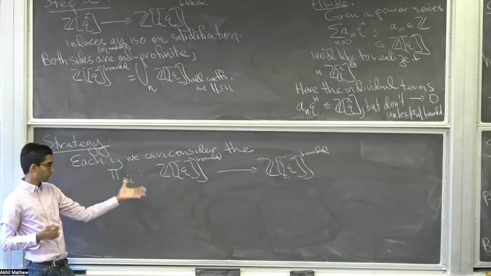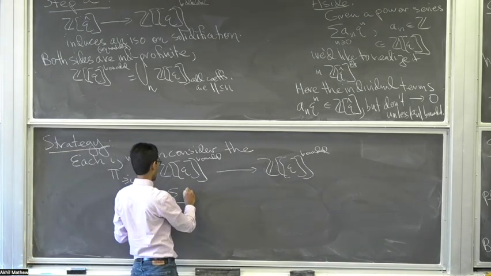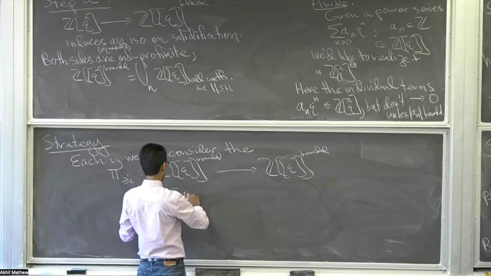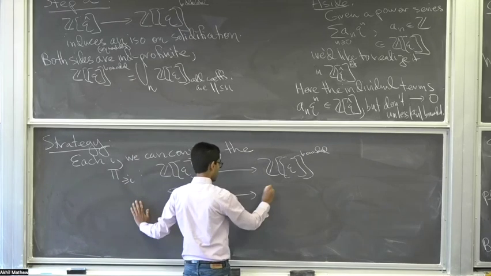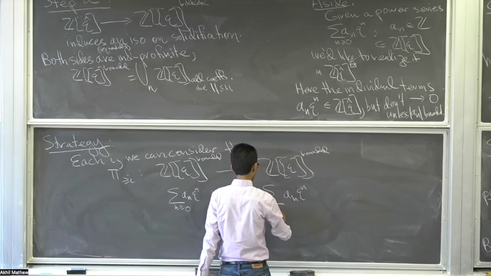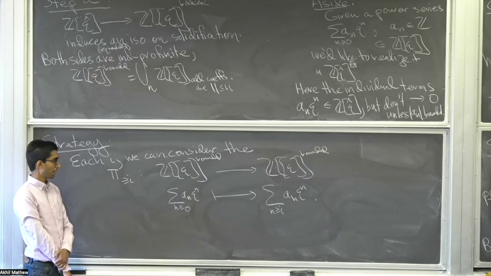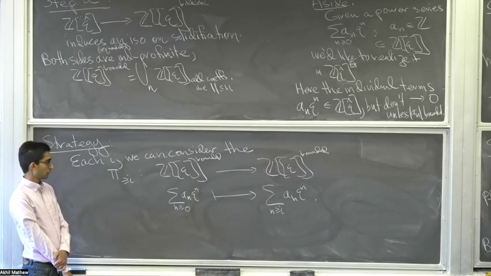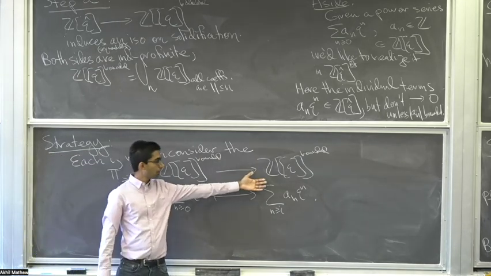It sends the power series sum of a_n q^n for n greater than or equal to 0 to the sum of a_n q^n for n greater than or equal to i. That is just the letter π. So we're going to project in this way.